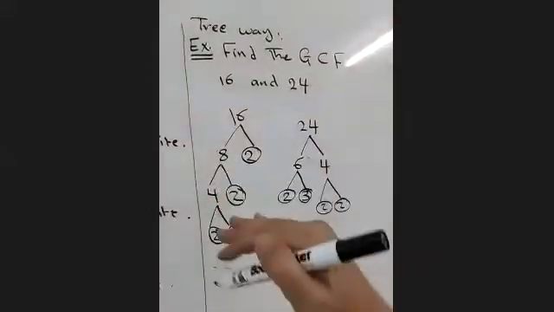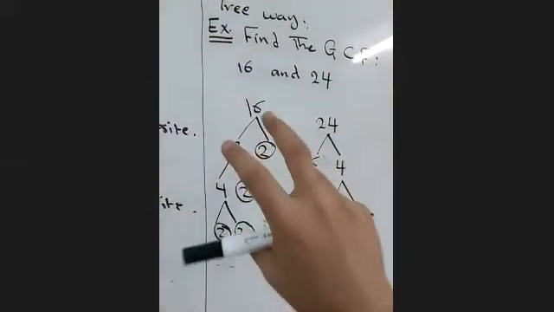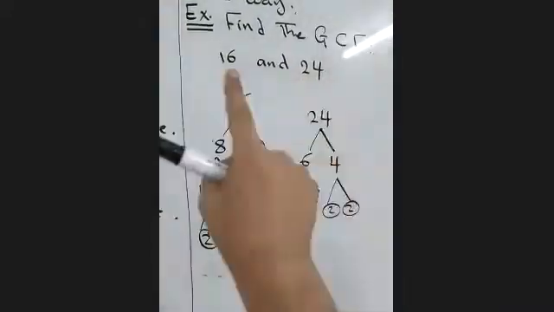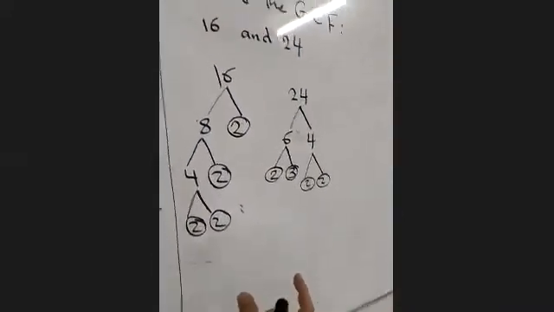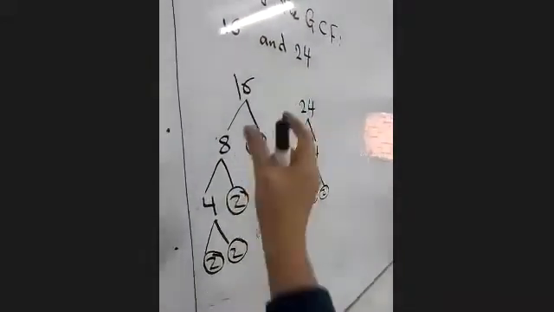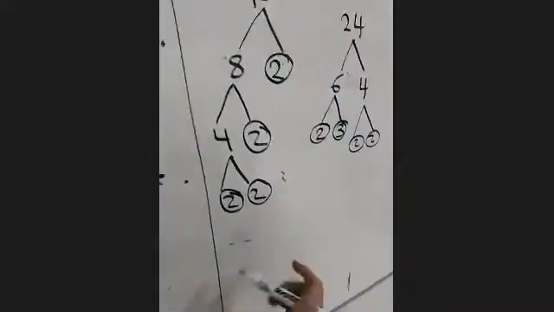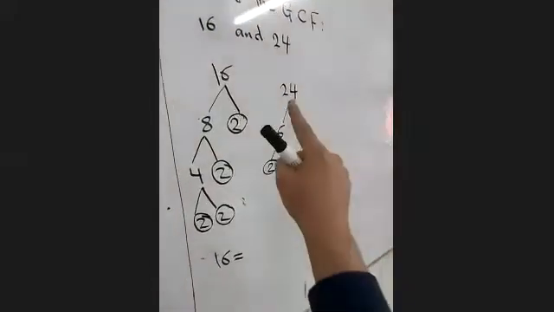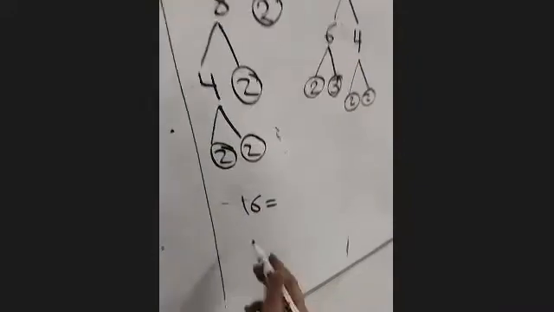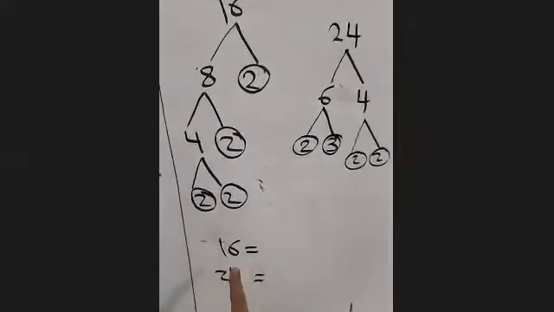Now I finished the first step, which is what? The factorization for each number. Now what I will do, guys, look at this next step to find what? The greatest common factor. I'll bring the 16 down here and put equal. And I will bring the 24 under it and put equal. Now I'll go back to the 16.